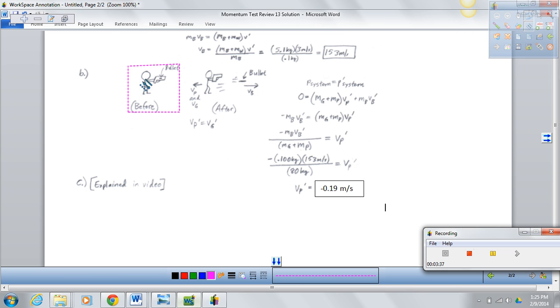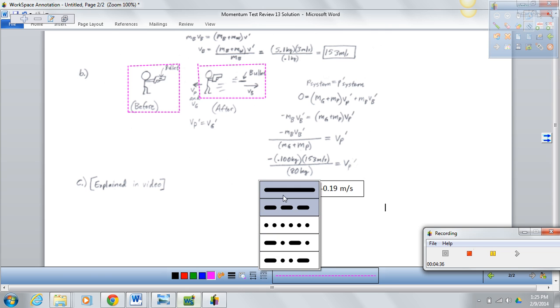But what I know is that the momentum of this system of bullet, person, and gun beforehand has to equal the momentum of bullet, person, and gun afterwards. Since all the forces are internal to this system, the momentum of this system has to be conserved. So before I fire the gun, my momentum for that system is 0.